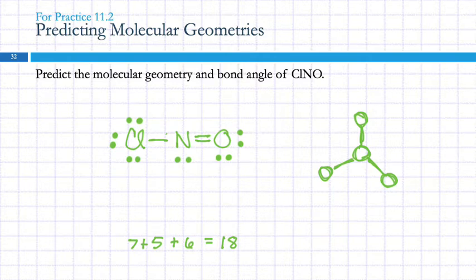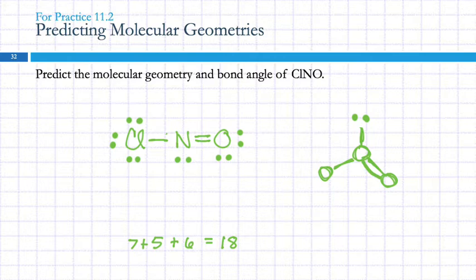But these look like 3 atoms, and I don't have 3 atoms here. One of those is a lone pair. So I'm going to erase that atom there, and this is a lone pair. One of those bonds is a double bond, so we can kind of put that in there as well.